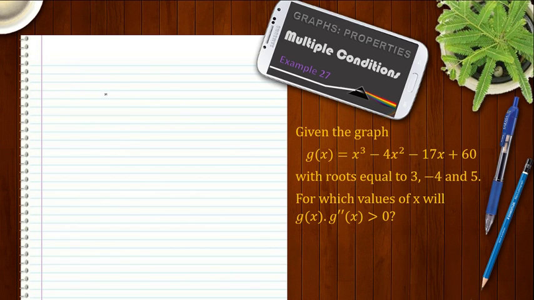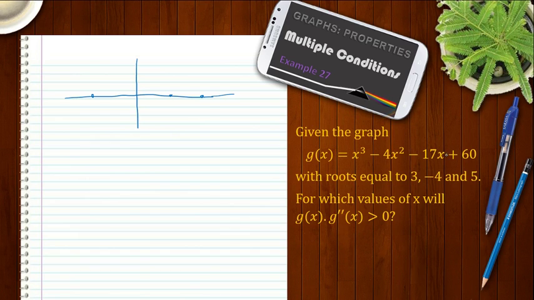So I'm just going to make a rough sketch of this. We see that the roots go through -4, so let's say it goes here, and then at 3 and at 5, just to roughly see what's going on.